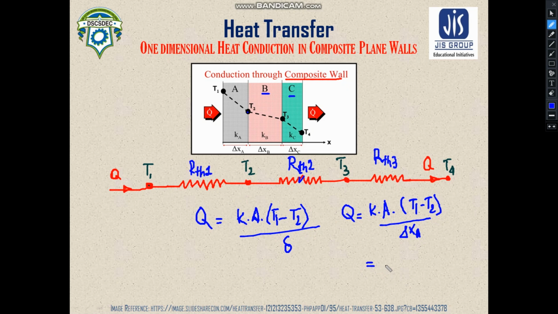Again, for wall number B, we can write this equation in a slightly different form. It will be K into A, but the temperature difference would obviously change.